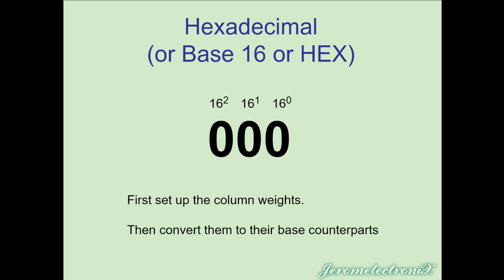And when we resolve these or convert them to their base counterparts, they will equal 16 to the 0 equals 1, 16 to the first power equals 16, 16 to the second power is 256. If we used another digit to the left, it would probably, if I remember right, be 4096. We'll probably be using that a little later.